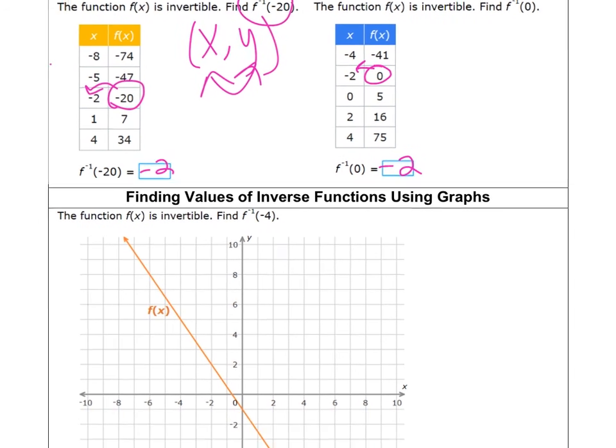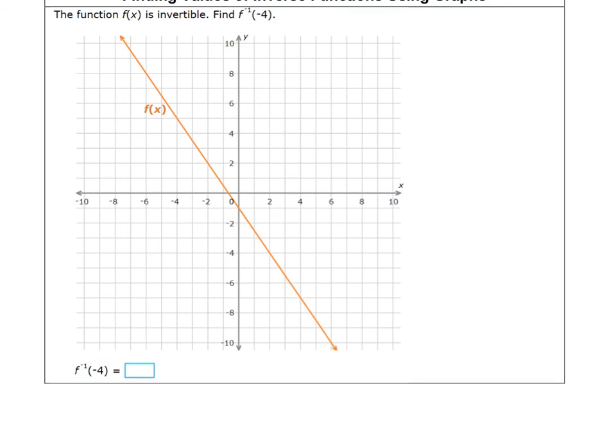Okay, now let's look at these on the graph. So I need to find the inverse of negative 4. So instead of looking at when my x is negative 4, I'm looking at when my y is negative 4.